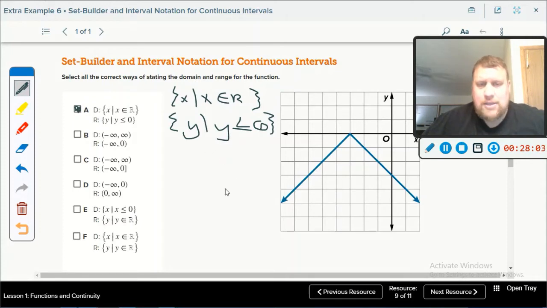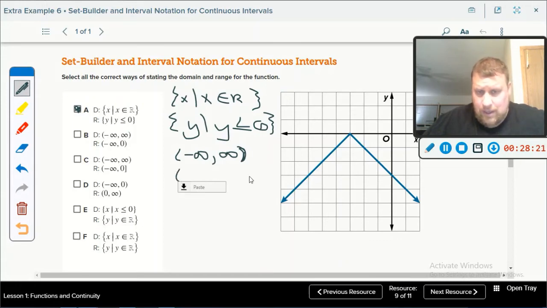Now let's do it in interval notation. Well, it's going to be x. x goes from what? Negative infinity to positive infinity because it's all real numbers. And it's open because there's no endpoint on infinity. All right, and then what's the range going to be? The range is the y.